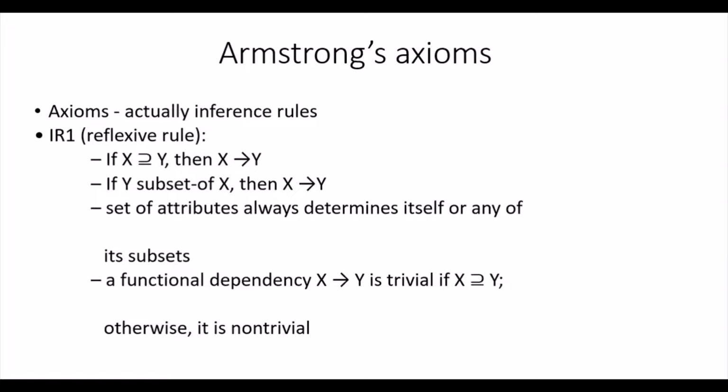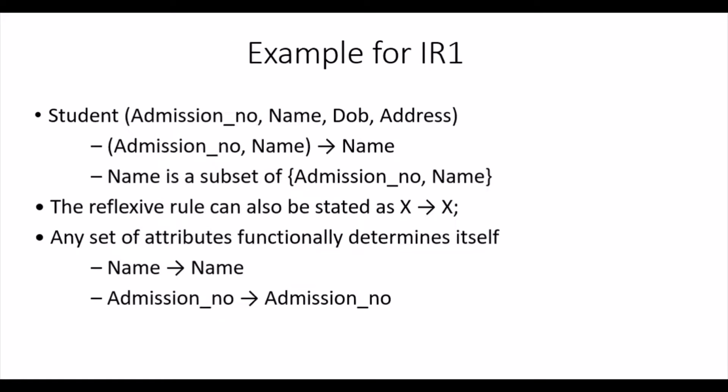Let's see an example for inference rule 1. Consider a student relation with attributes admission number, name, DOB and address. We'll be able to define some functional dependencies. For example, admission number comma name implies name.